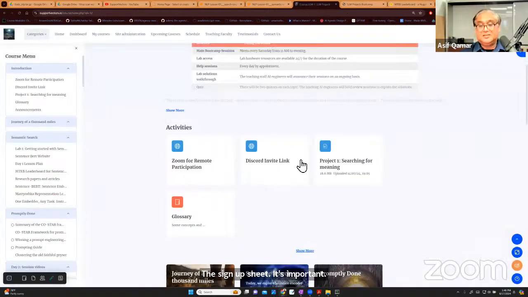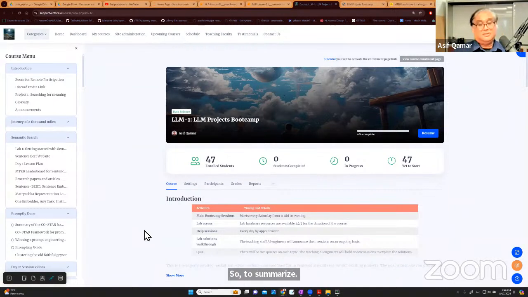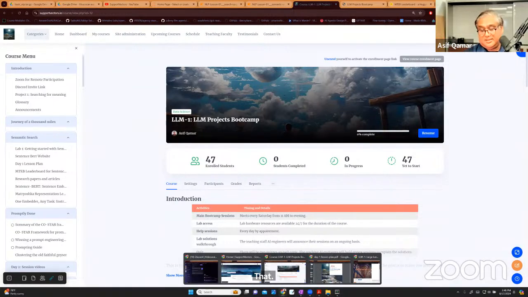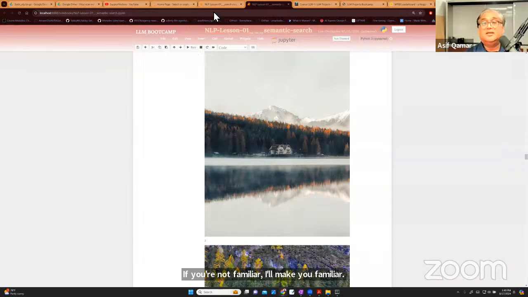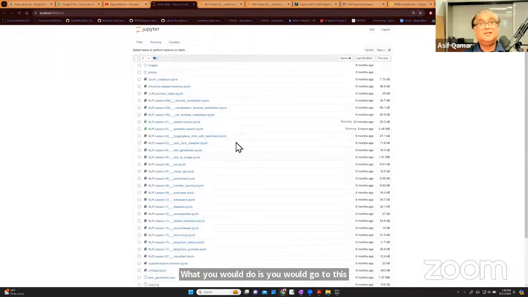So, to summarize, after lunch, I'll walk you through the whole setup. But suffice it to say that those of you who are familiar with Conda and so on, if you're not familiar, I'll make you familiar. But if you are, what you would do is you would go to this directory when you bring up the project, unzip the project, and you visit it with the Jupyter notebook.